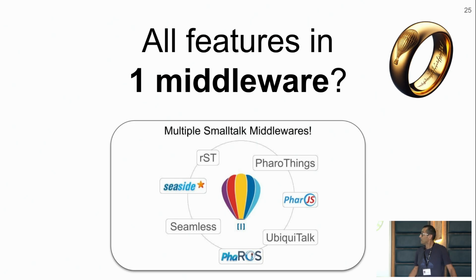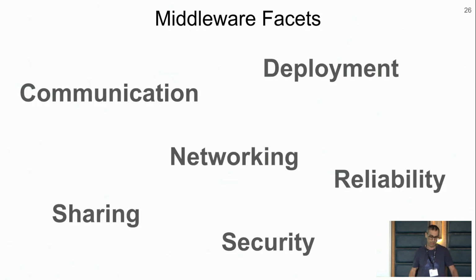So can we? But each of these middlewares has specific features and a reason why it was created in the first place, and they don't overlap. They partially overlap on the idea, but not fully. So the question is, can we have one middleware? Hence the name of the project, One, that gathers them all together.